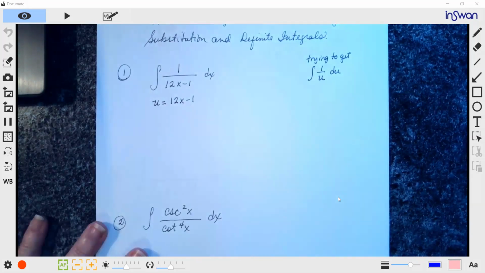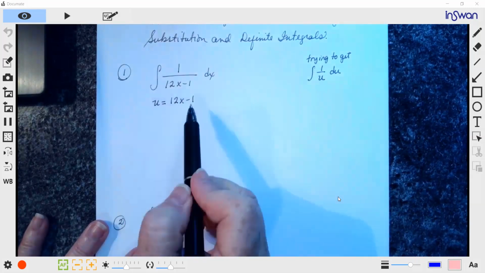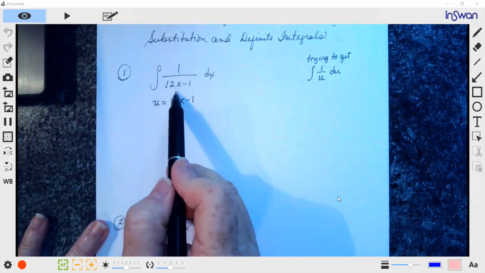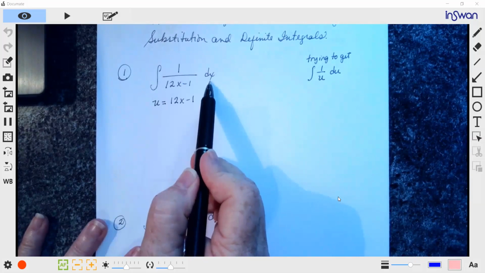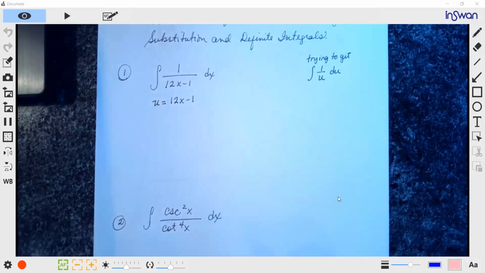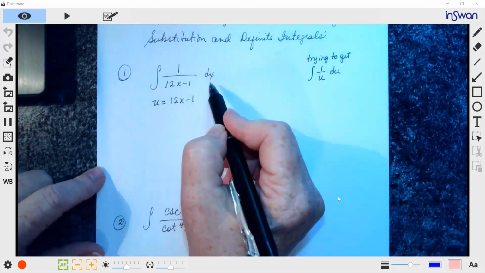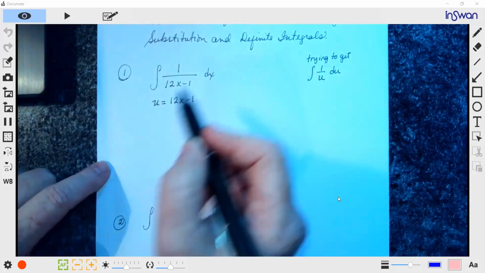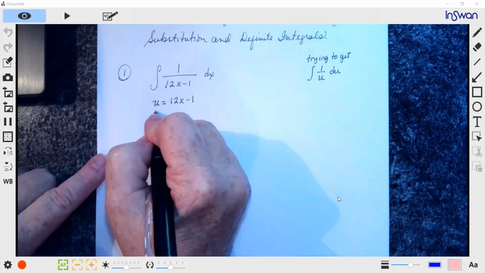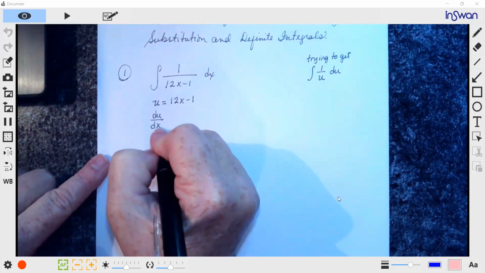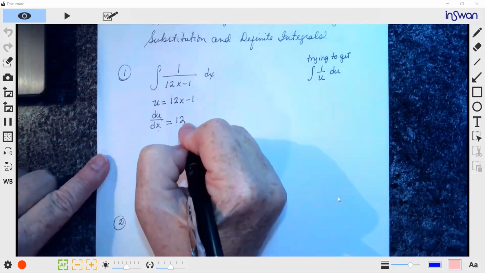Now here's the thing. If you're going to do a substitution, you need to do it all the way. So this would be 1 over u, but the integral of 1 over u dx is not what we're trying to find. We want it to be consistent, so we need to change dx to what it is in terms of du as well. If u is 12x minus 1, then du dx, the derivative of u with respect to x, would be just 12.